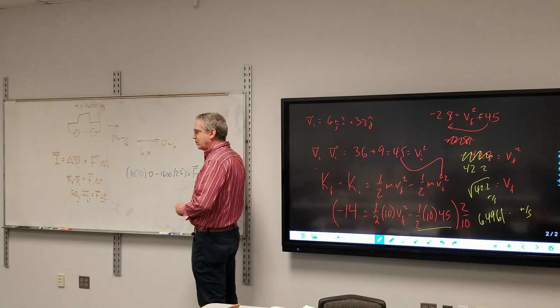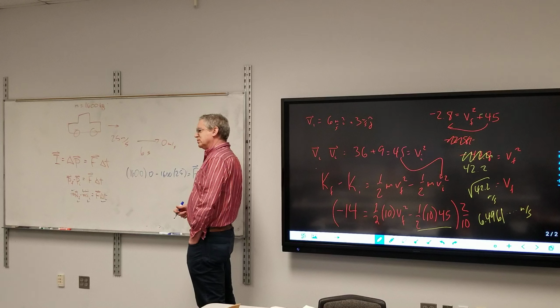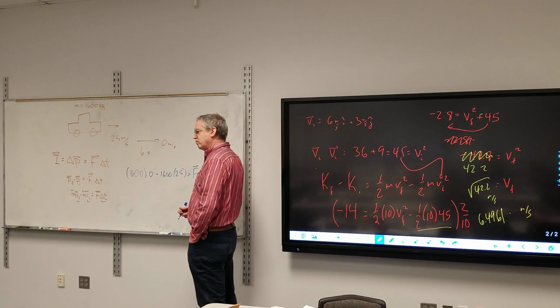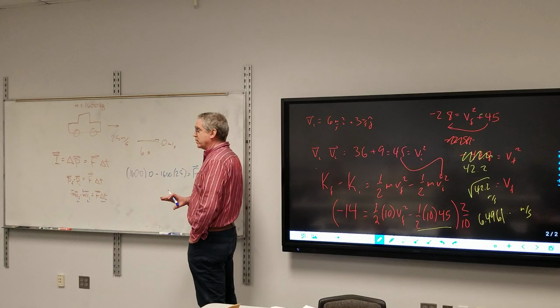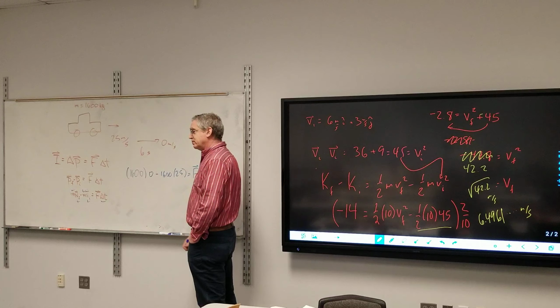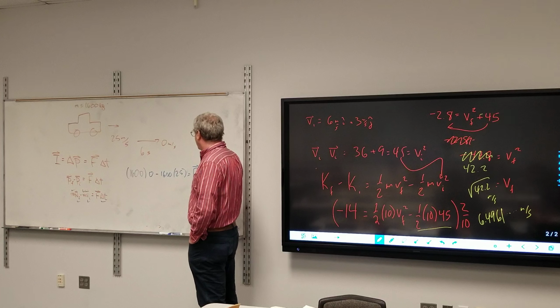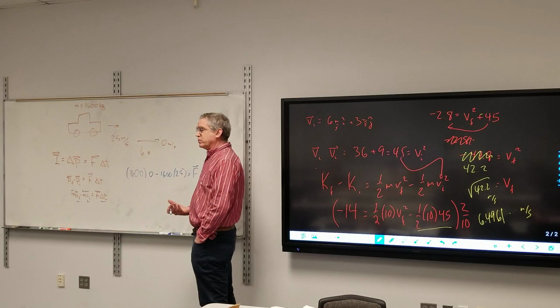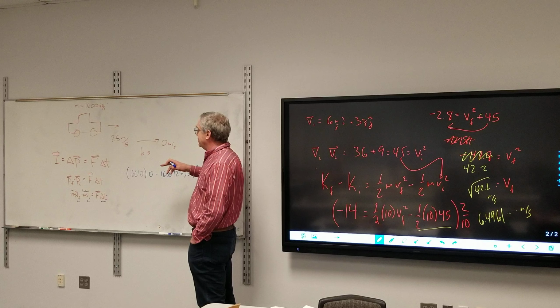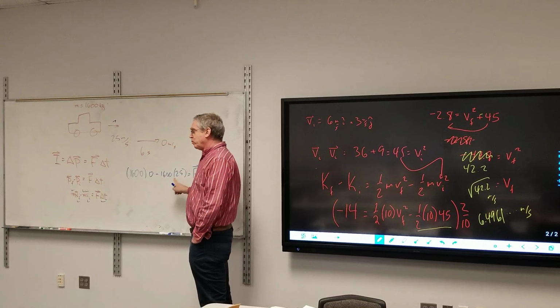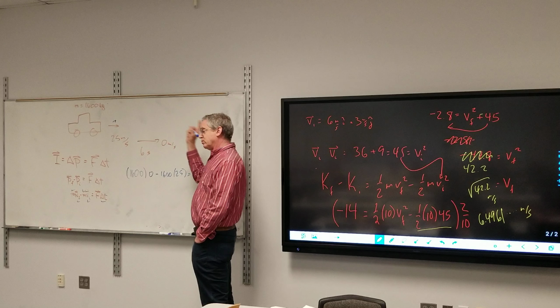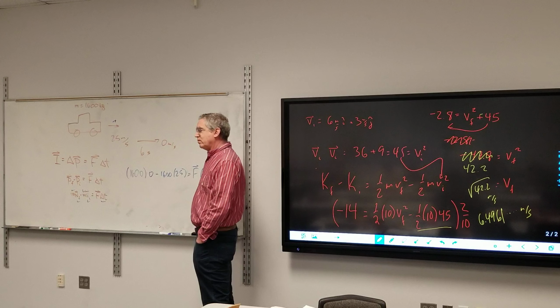Would it be negative 6? Until I get my time machine working, time goes forward. We will end up with a negative answer though for the force, because this is a vector, and if the car is going in the positive direction, as I implied right there, then the brake's acting back.